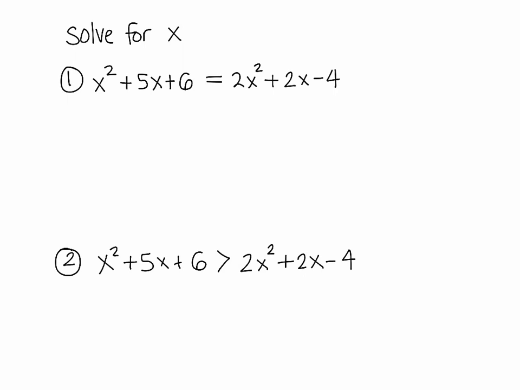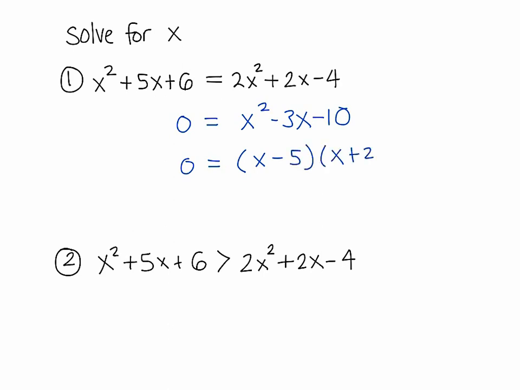So for x, let's subtract all the numbers and variables on the left side. So we're solving 0 is equal to x squared minus 3x minus 10. This one is factorable. 0 is equal to (x minus 5)(x plus 2). Therefore, x is equal to 5 or negative 2.